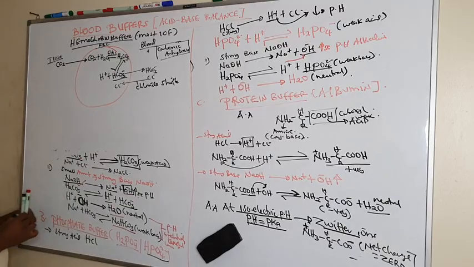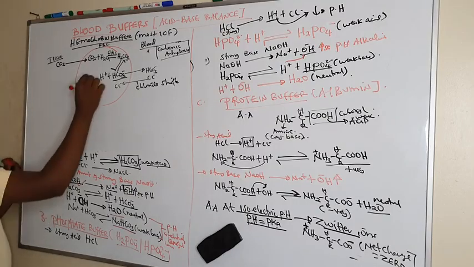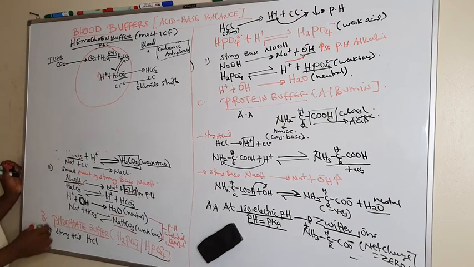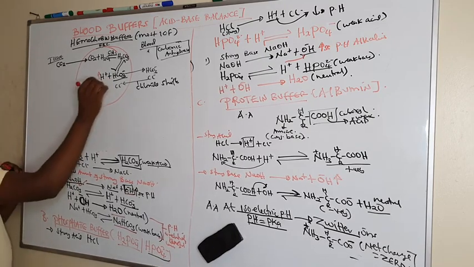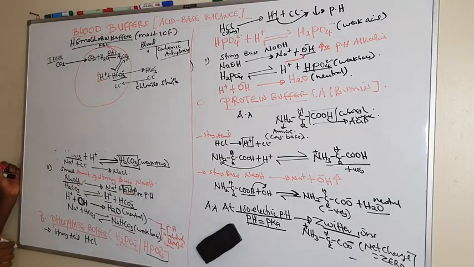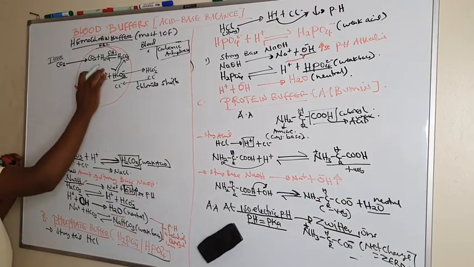So the chloride shifts to maintain the negative charge in the cell. After the diffusion of the bicarbonate, this has the ability to increase the pH in the cell. But the hydrogen ion has the ability to decrease the pH.